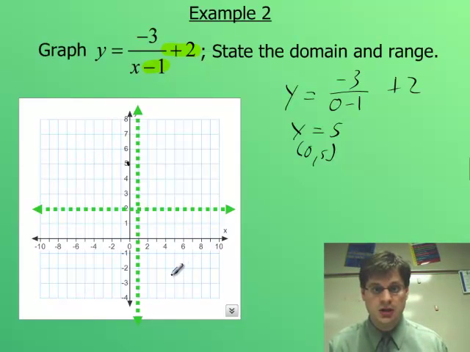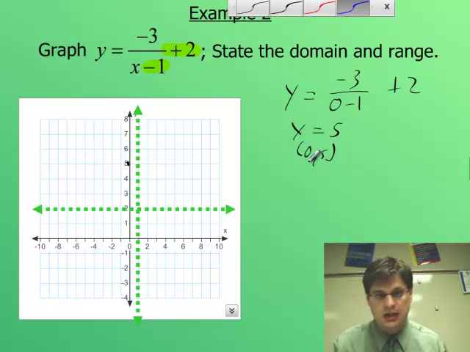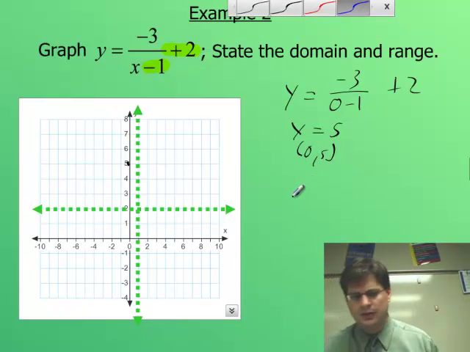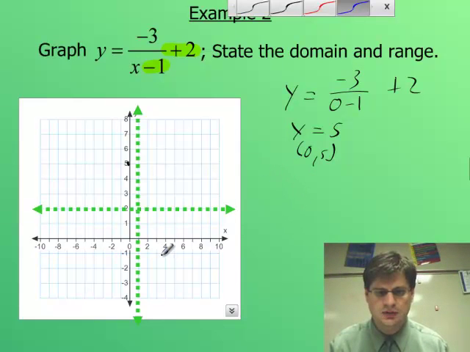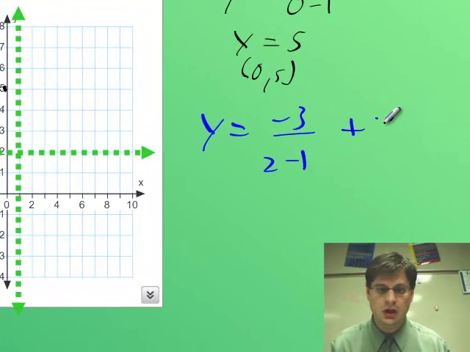So let me try another one at, we'll say, +2, sorry. So y equals -3 over 2 minus 1, plus 2.